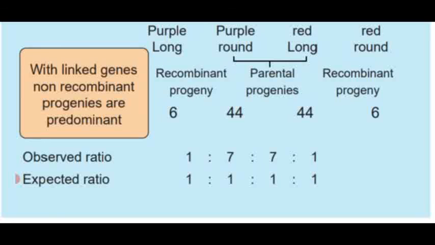If they are closely located, they are inherited together. If they are apart, they are inherited separately in different gametes. So the ratio of coupling is 7:1:1:7. The repulsion is 1:7:7:1.